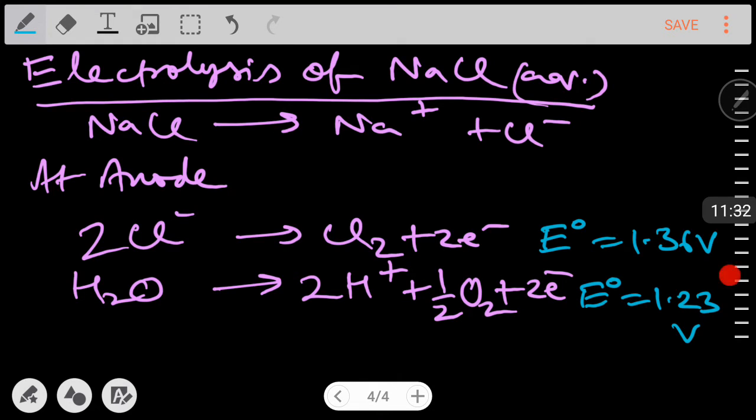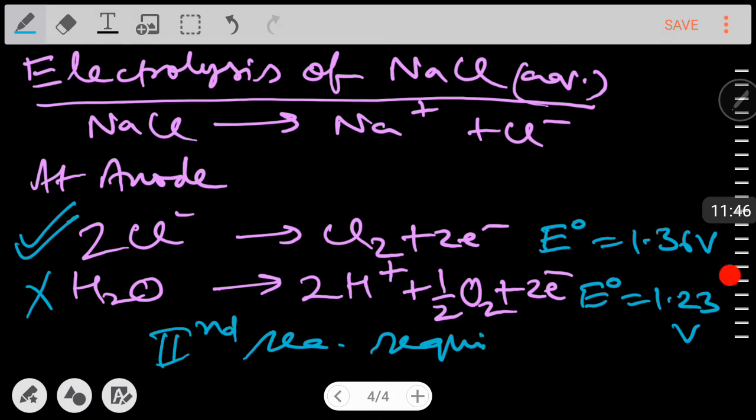So this will take place and this will not take place, and the reason is that the second reaction requires overvoltage to occur.